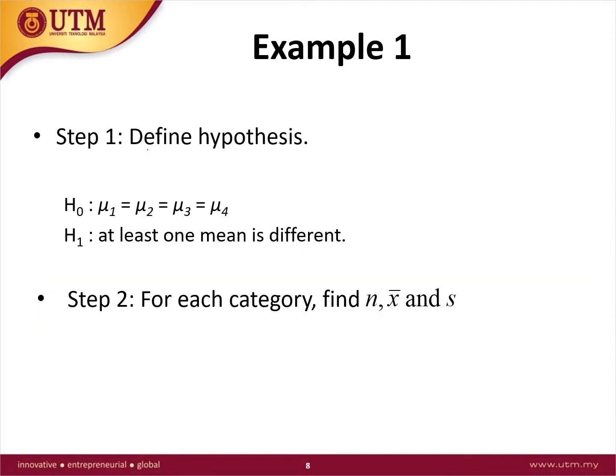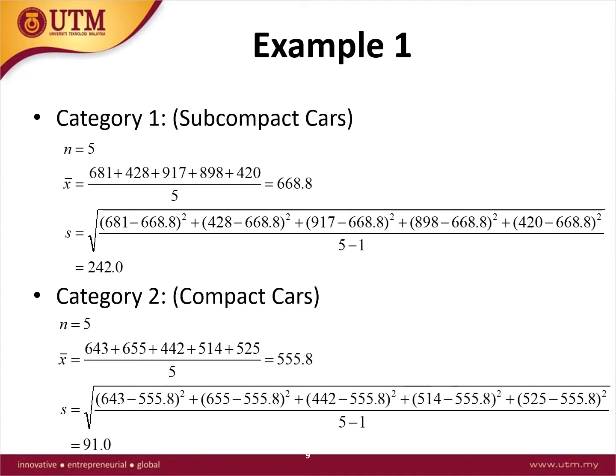Now we define the hypotheses. The null hypothesis assumes that the data of groups 1, 2, 3, and 4 have equal means. H1 represents that at least one mean is different. Then for each category we find the n, the mean, and the standard deviation.